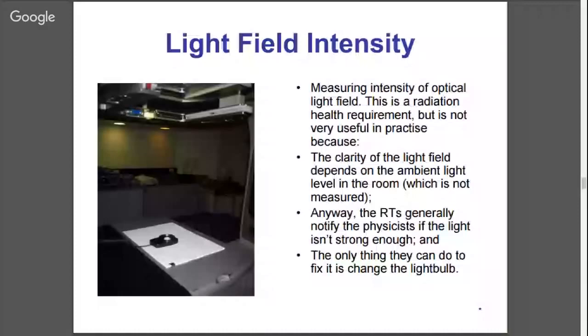Generally, if something goes wrong with the optical system, the light field, it's usually the bulb goes, so it's either on or off. Very rarely would you see a loss of intensity over time, but you would notice that when using the machine if there is a reduction in light intensity over time.